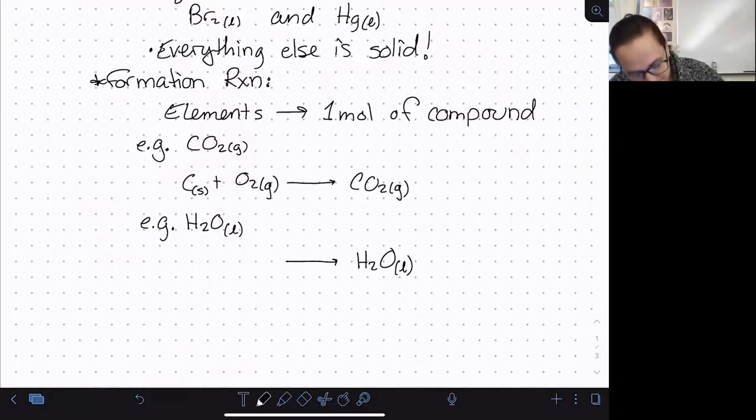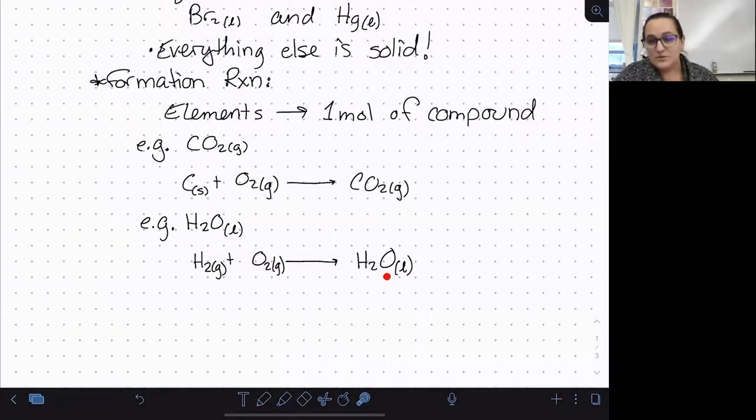That means as an element, hydrogen exists as H2, oxygen exists as O2. So that is how we have to use them in this context. They are both diatomic gases. So even though we only need one atom of oxygen, we have to use a molecule of O2.